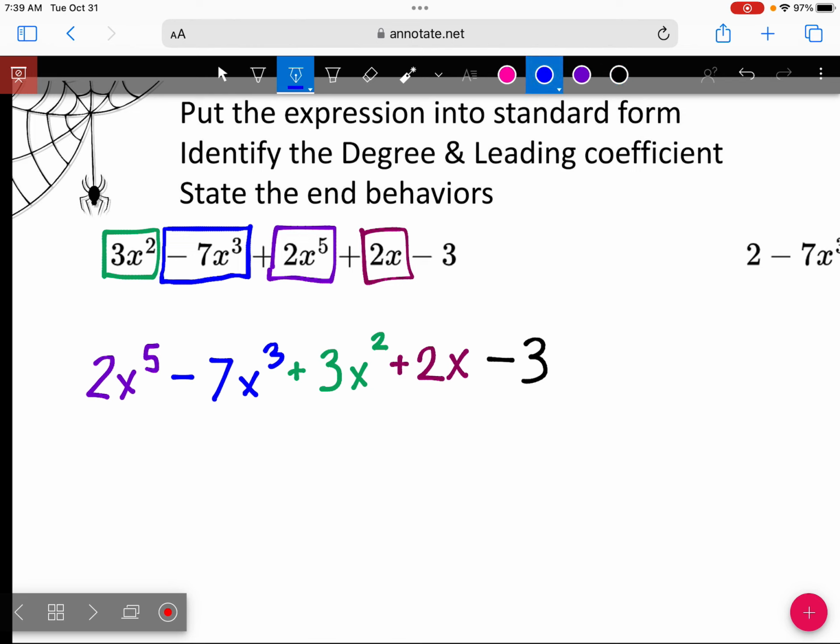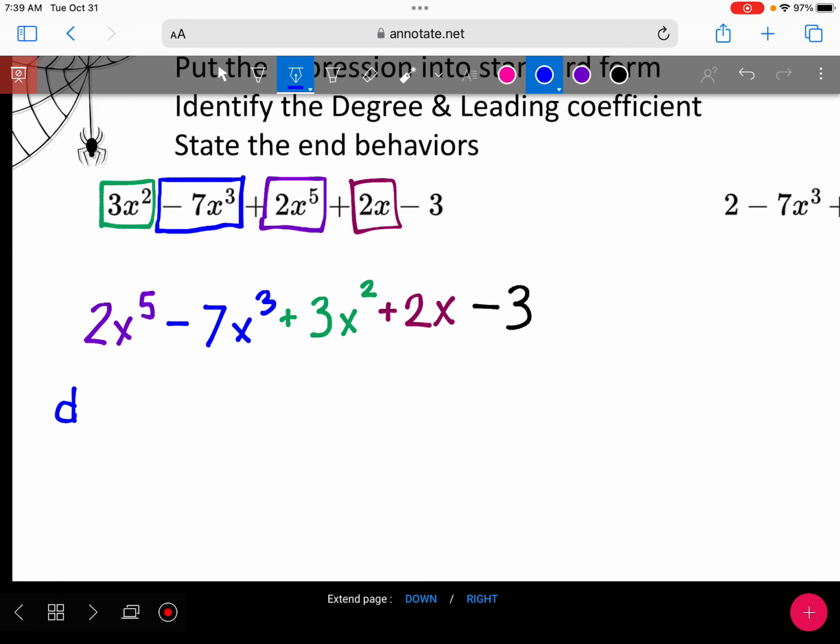So what is our degree for this polynomial? It's going to be the 5. So our degree is that exponent. So then what's our leading coefficient? 2.